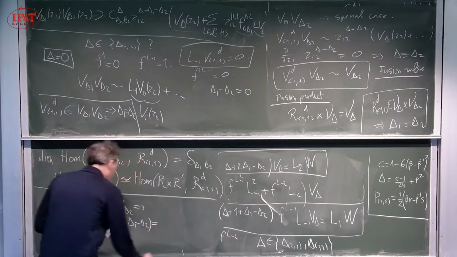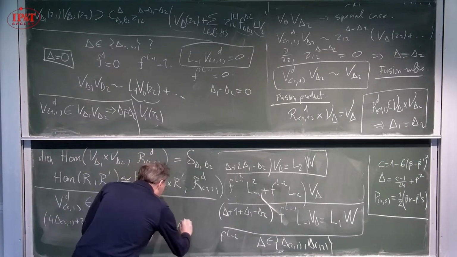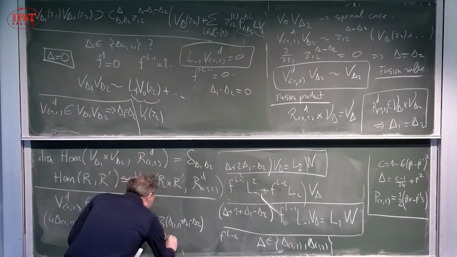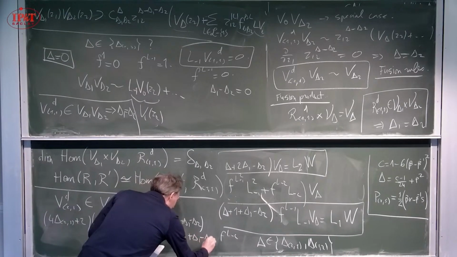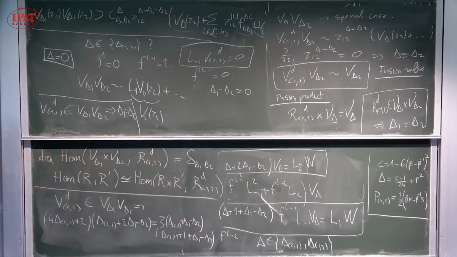And that must be equal to 3 delta 21 plus delta 1 minus delta 2 times delta 21 plus 1 plus delta 1 minus delta 2. Where here you recognize this coefficient. Okay, so what are the solutions of this system?